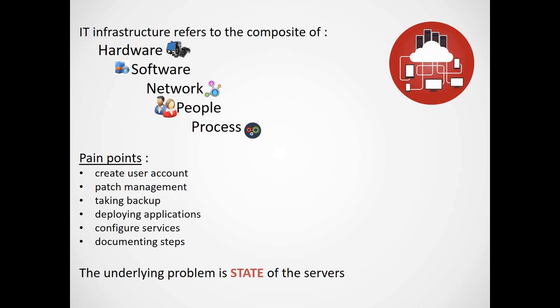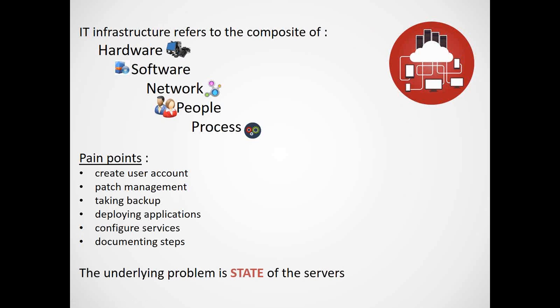So for different machines, you have to make sure the machine is in a particular state, because of which if you want to access some files or application or a service, it should be available and ready to use. That is what we call the state of a machine. It depends on what you are trying to configure in terms of an application, creating a directory or a file, creating an account, or starting or stopping a service.